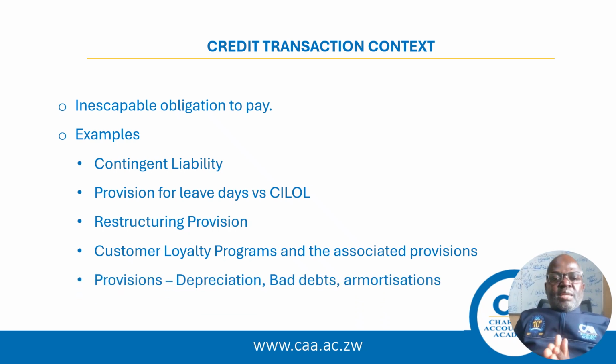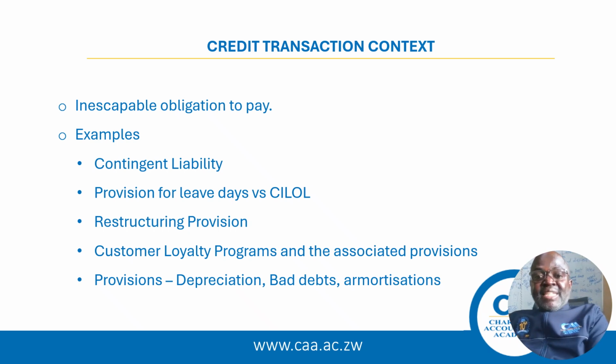Then we also have these other provisions like depreciation, bad debts, amortizations. Especially depreciation, it's really an allocation of an amount of a capital nature. So you can still argue that depreciation in itself, in substance, is a capital nature item. But under incurred, we still have a problem: has it been incurred?